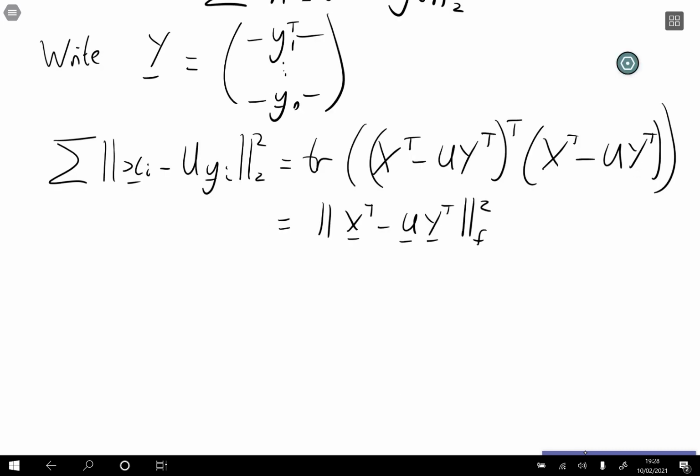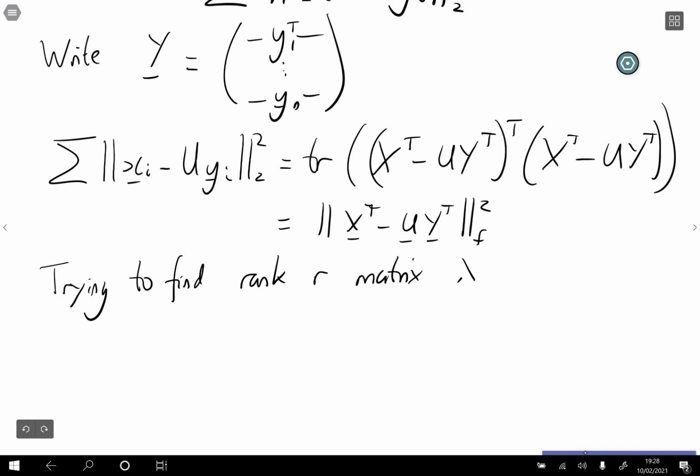So another way of phrasing this again is to say we're trying to find the rank R matrix XR that minimizes the difference between X and XR, the original data matrix and XR, in the Frobenius norm here.